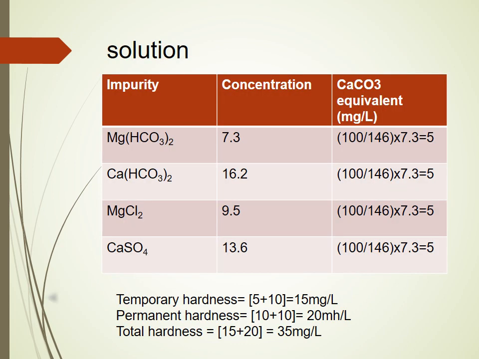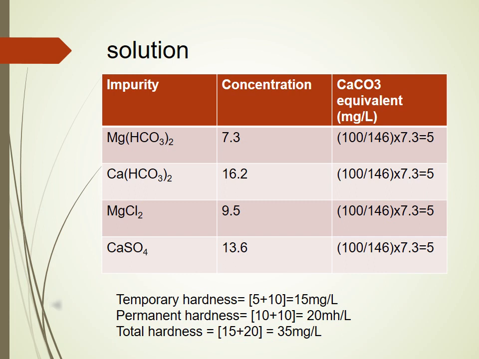First of all, we write all the impurities given in the question in one column. The concentrations in milligrams per liter are given. We always determine this concentration in terms of the calcium carbonate equivalent. You know the formula, so by using that formula we will determine the concentration in terms of the calcium carbonate equivalent.